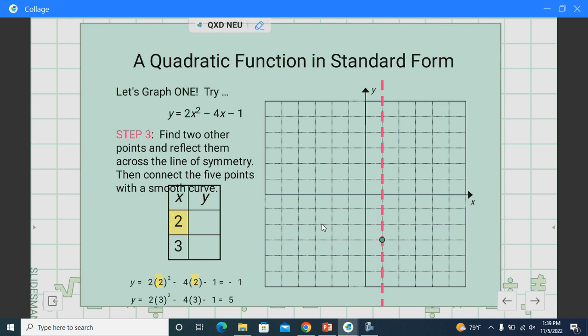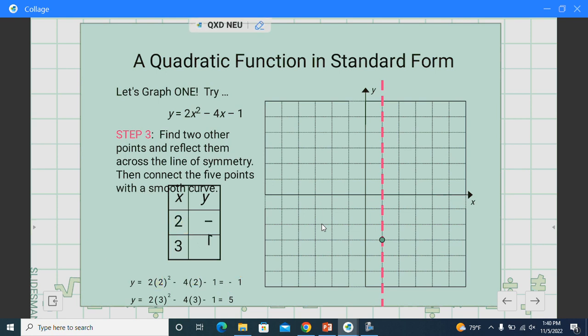If x is equal to 2, from the original equation, 2 times 2 squared minus 4 times 2 minus 1 gives us negative 1.